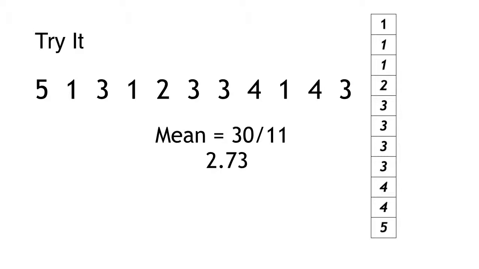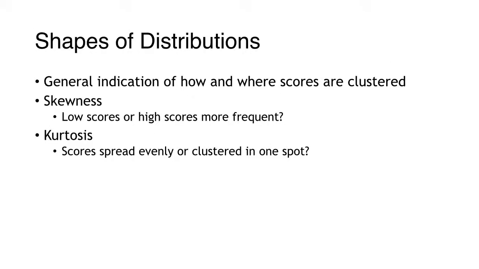So this distribution is what we would call pretty normal because the mean, the median, and the mode are roughly together. They're all about 3. That means that my distribution is what I would call normal. So let's talk about shapes of distributions. Shapes mean that we represent them with histograms or frequency polygons to show where the scores are clustered.